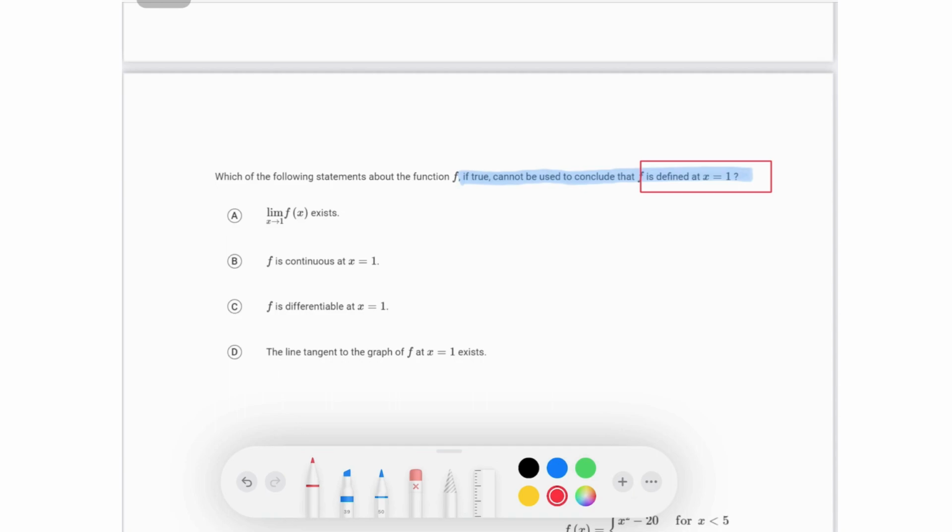So we need to figure out which of the statements from A to D cannot be used to conclude that f of 1 is defined, or that f of 1 can be evaluated. You can pause the video and try.